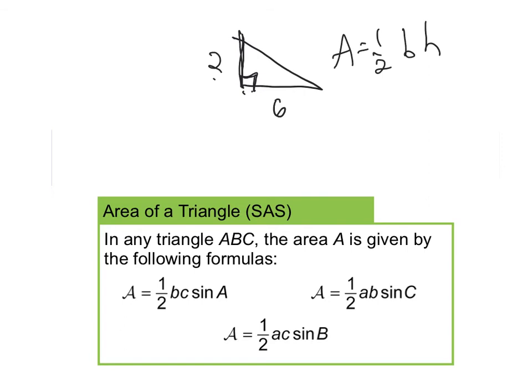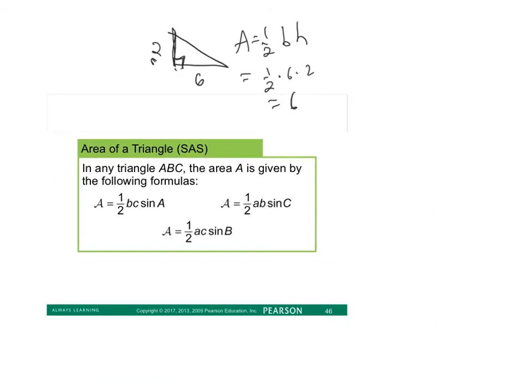And it's easy to find that distance because you have the Pythagorean theorem. If you're given two sides, you can always find out. It just works out so nice. So that makes sense: 1/2 times 6 times 2, which is 1/2 of 12, which is 6. Very easy to do.